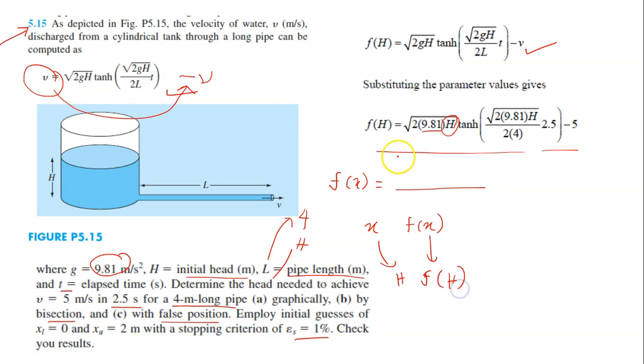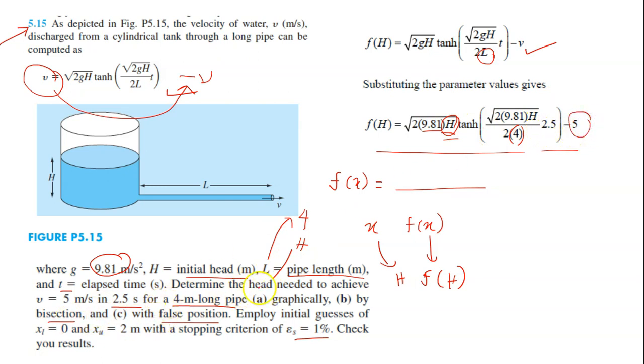fh. Alright, so fh equals to this whole thing, and then this is the one that you are trying to solve, and then 10, and then this thing, and then we have h here, and this one is 4, which is the L, the length of the pipe, which is 4 meter, times 2.5 minus 5. Why 5?